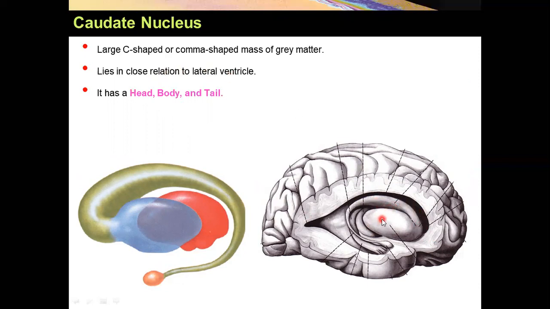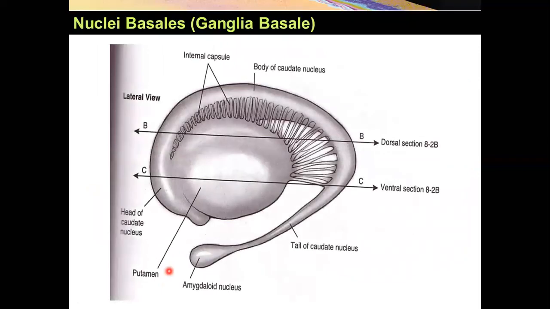It has three parts: the head, the body, and the tail. Again, here is the head, body, and tail of the caudate nucleus. And you see the tail of the caudate nucleus is connected to the amygdaloid nucleus.